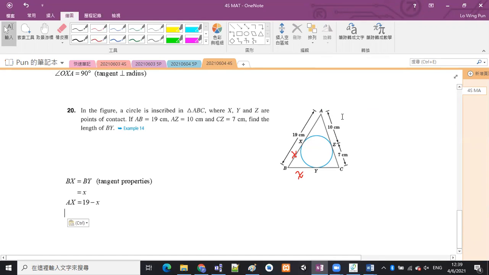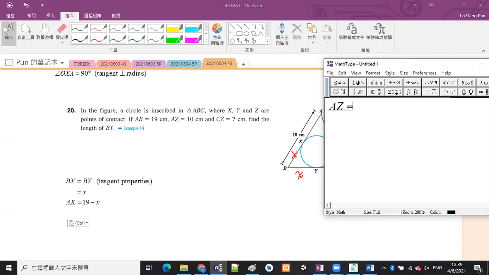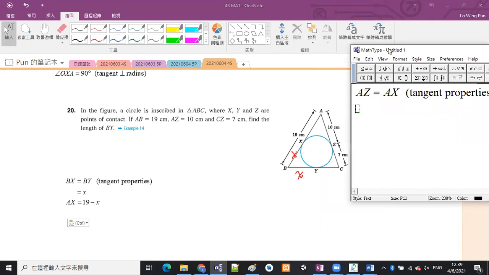And because AZ and AX should also be equal, AZ is equal to AX. This is another tangent properties. Therefore, AZ is equal to 10 and AX is equal to 19 minus X. Okay. So we can find the length of X from this.